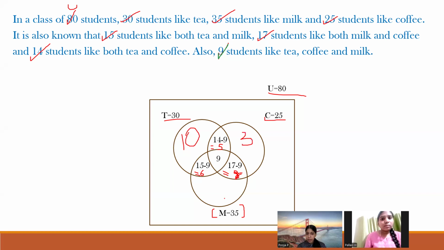And next, they've given milk is 35. Among this entire 35, 9 plus 6 plus 8 are already here. So how many are remaining? 35 minus of 9 plus 6 plus 8, which is 12. So 25 minus 22 is 3, and this is 12.